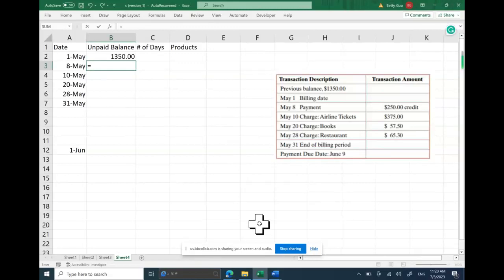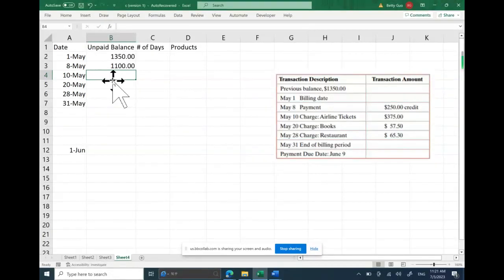Simply use $1,350 minus $250, and that gives us $1,100. Your balance reduced because you deposited part of the payment, so your balance reduced on May 8th.